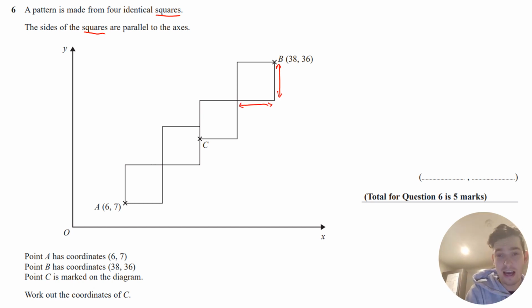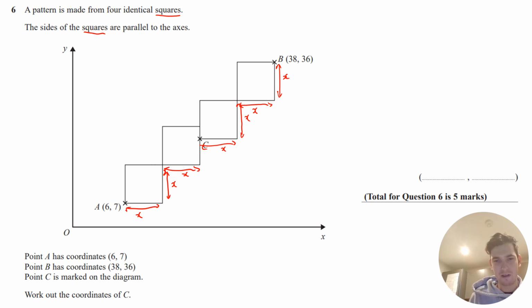So because I don't know the length, let's create a variable. Let's call it x for the side length of the square. And let's mark on all of the other side lengths that might be useful. So that's x. Down here I've got x, down here I've got x, here I've got x here.